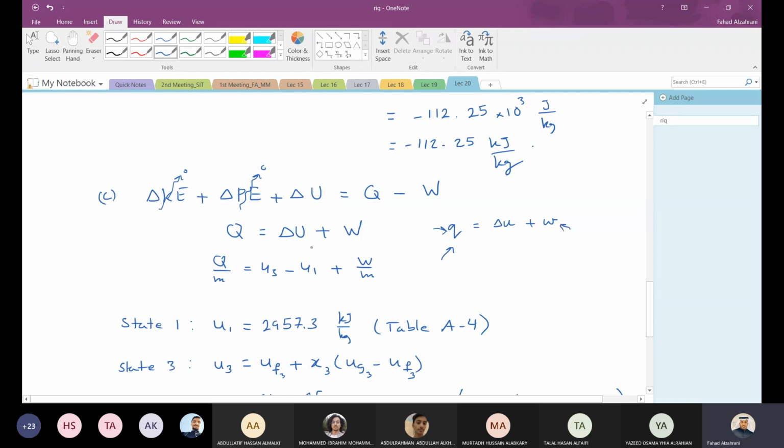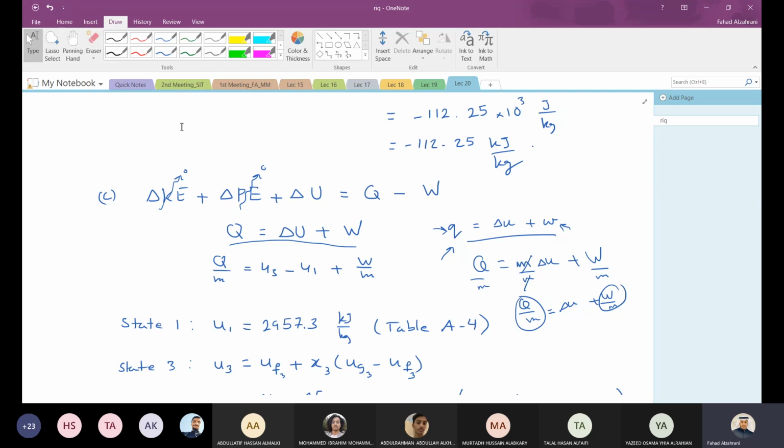So I can either write it in this form or in this form: Q equals small delta U, or delta small U. But to understand where it comes from, it comes from here: M small delta U plus W. If you divide by M everywhere, this cancels, so you get Q over M equals delta U plus W over M. This is the specific work and this is the specific heat transfer.